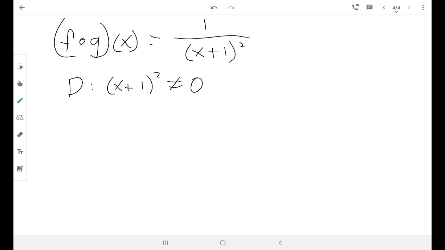That denominator cannot equal 0. And I am going to solve this and figure out what x then cannot equal.